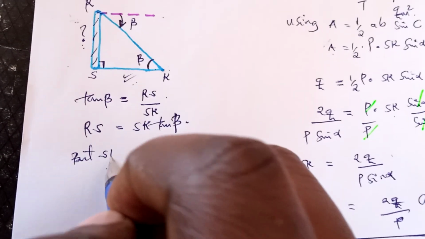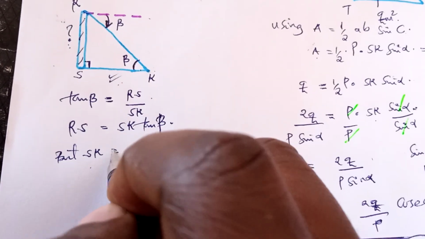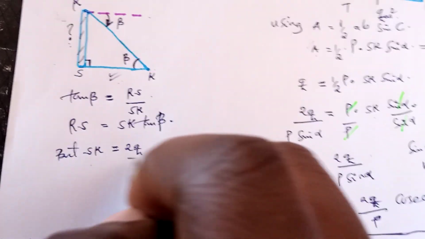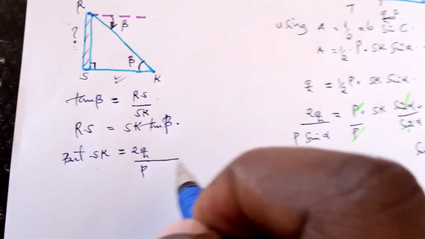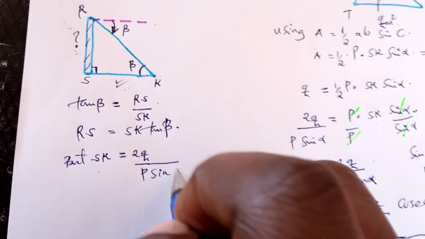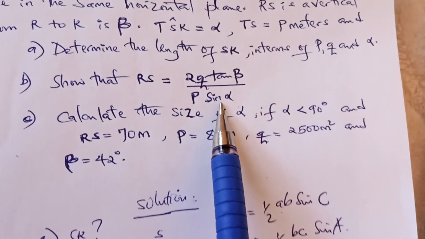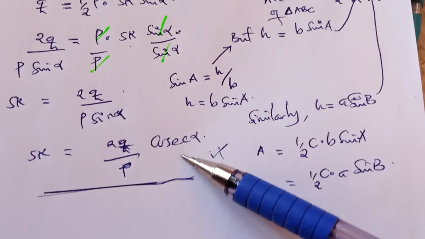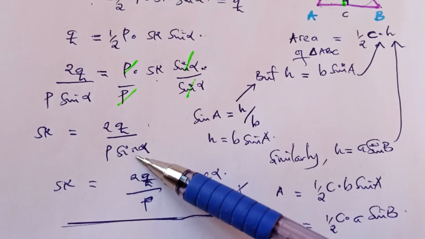SK is 2Q over P. We can put the sine down. Why am I writing it down? Because the question wants sine, not cosec. Ideally someone who stopped here would have gotten all the marks.